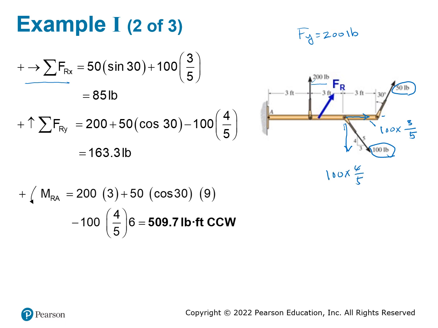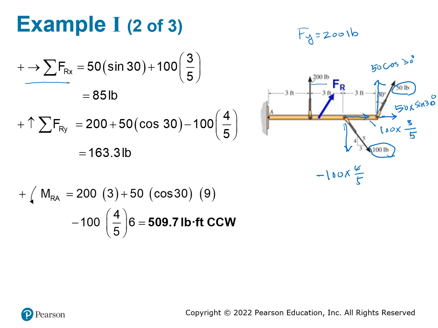For this one here, we have an x component that is 50 times sine 30 degrees. You can also do cosine 60, that will be the same. The y component is going up, and this will be 50 times cosine 30 degrees, and this will be negative because this is going down.